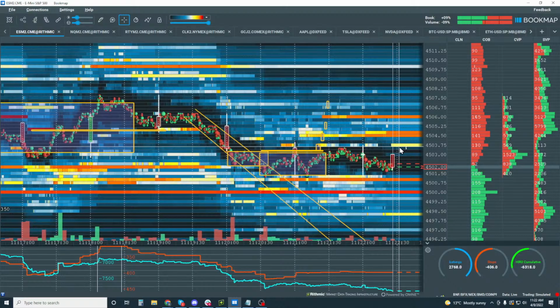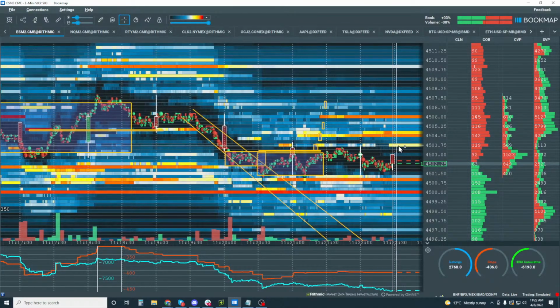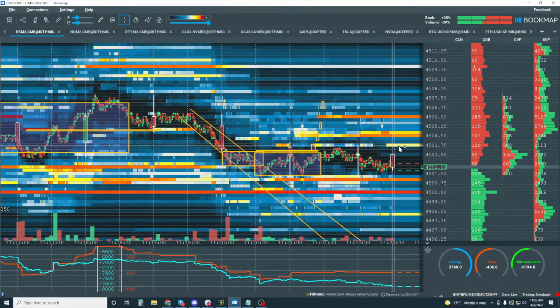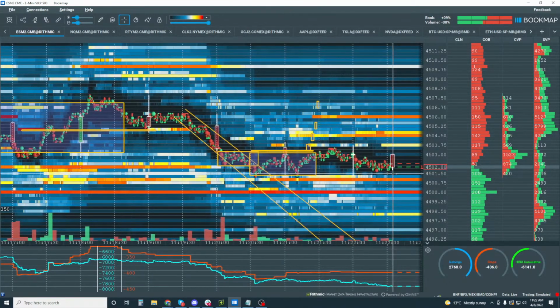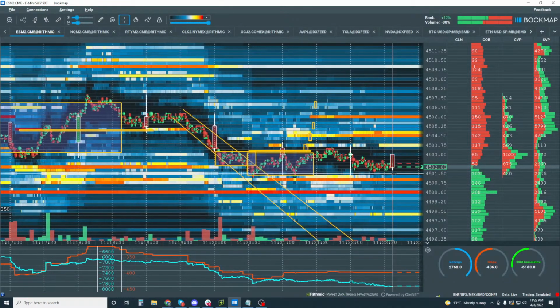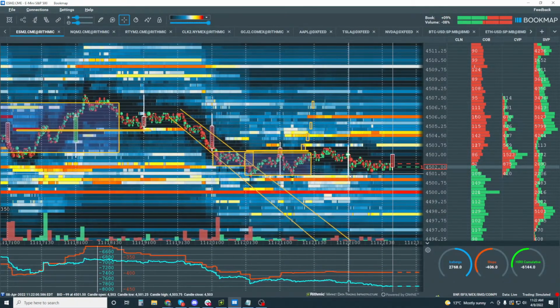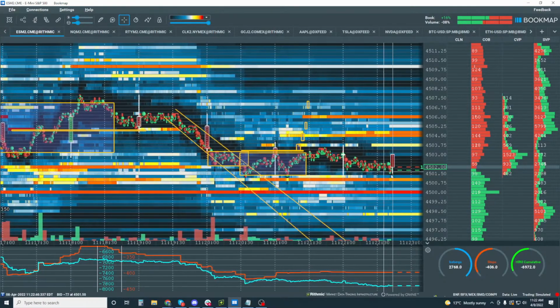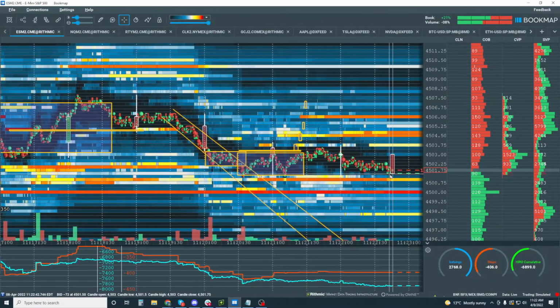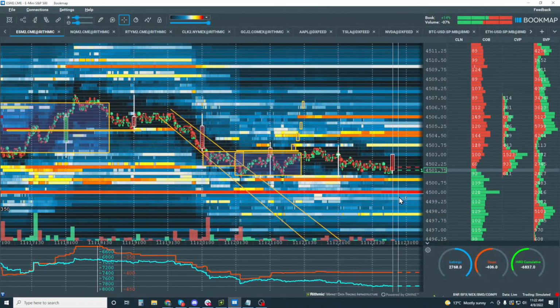What if we can get buyers up here at 03 3/4? Or what if we get more sellers down here? We're likely going to get the break at this point. It's tested here a couple times, but we've seen rejection here. What if we get enough sellers here? So this is a scenario. We get our sellers here, we should get the breakdown, 4,500, maybe even lower.